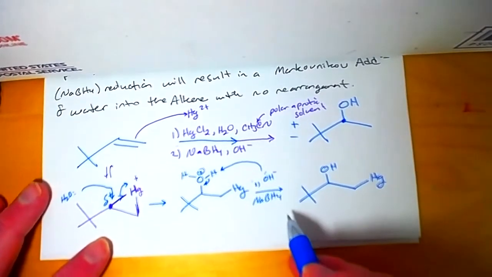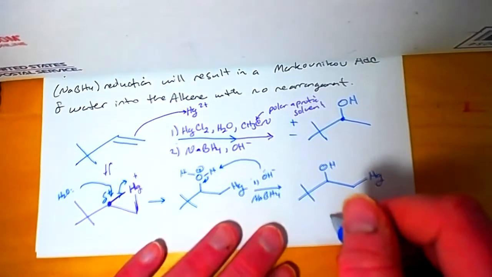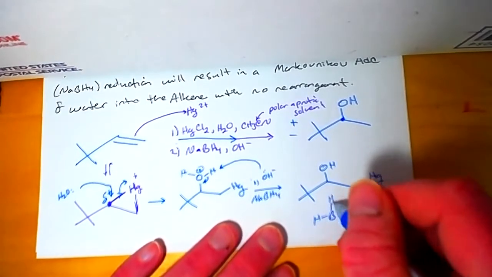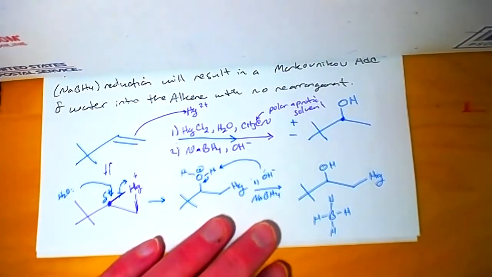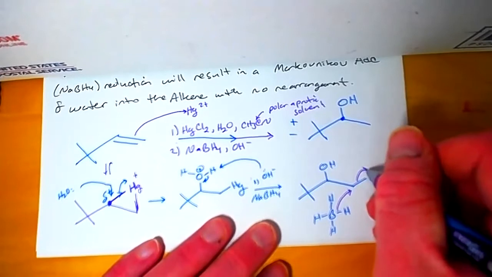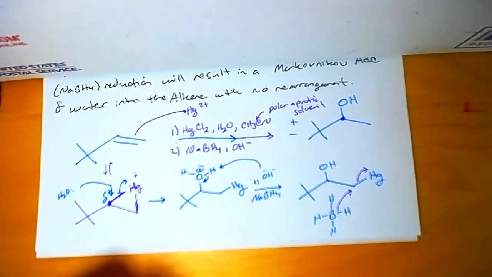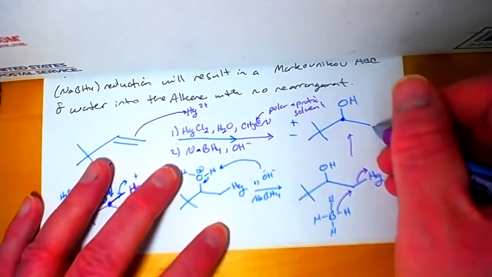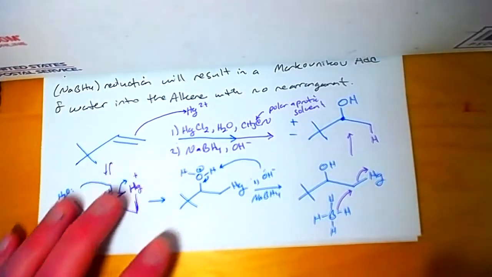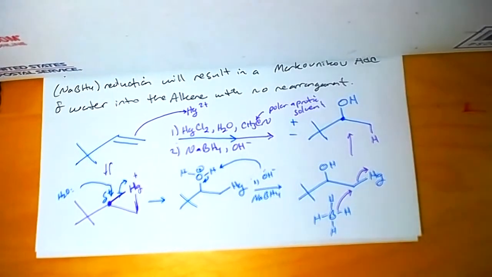And the role of the sodium borohydride is that it will transfer one of its hydrogens, electrons and all, into the carbon that's attached to the mercury and effectively kick the mercury out. That ends up adding a hydrogen at this position. So that is how oxymercuration-demercuration is able to do this.